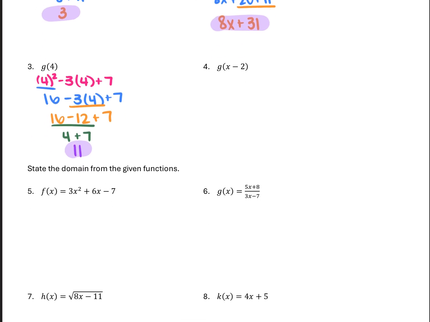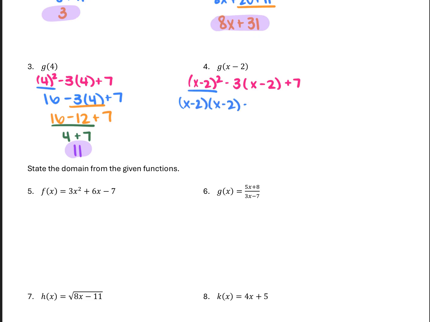For number 4, we're finding g of x minus 2. So again, we're going to plug that into that x squared minus 3x plus 7. So that's going to give us x minus 2 squared minus 3 times x minus 2 plus 7. We're going to rewrite that x minus 2 squared to be x minus 2 times x minus 2.